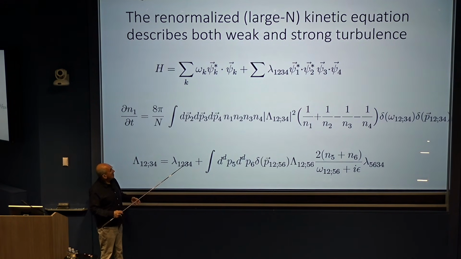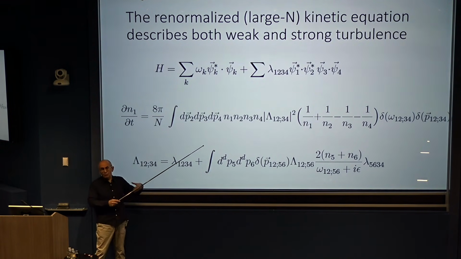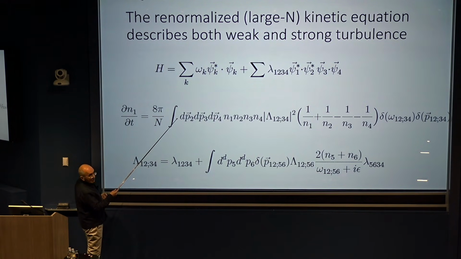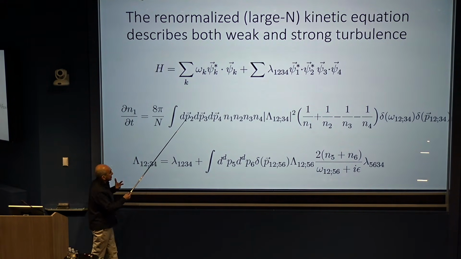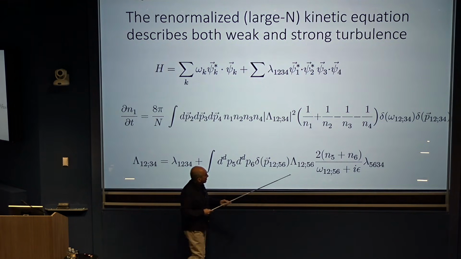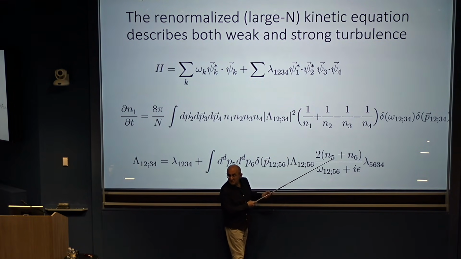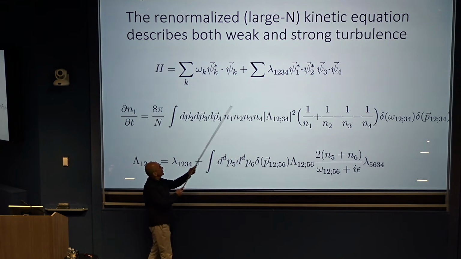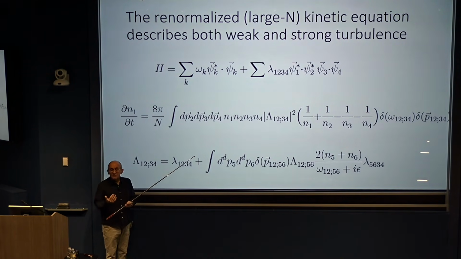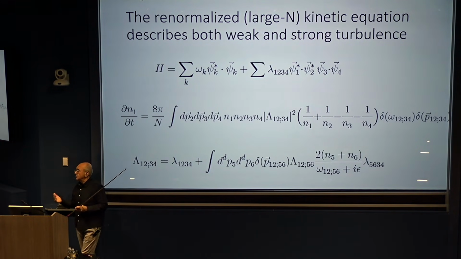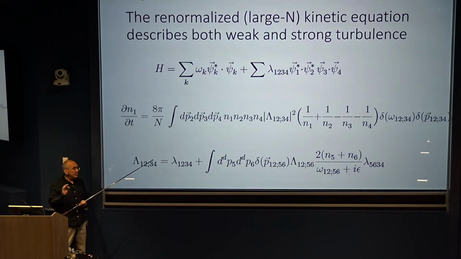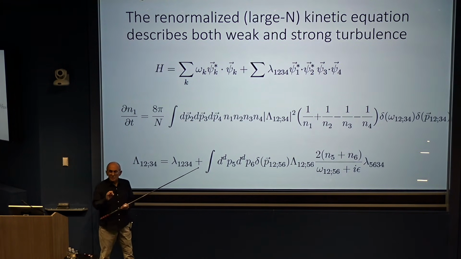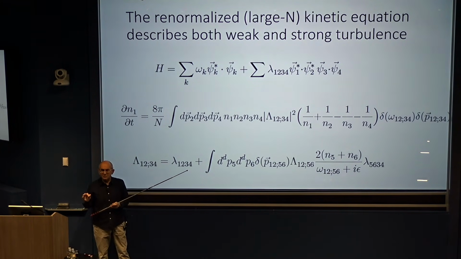So this is now a new equation, namely you have two integral equations. In a sense, what you do, let's say numerically, is iterate this, you obtain n, you plug it here, because n is here, right? So the solution of this equation depends on n, and n depends on the solution of this equation. But it's a closed system of equations on a single quantity, the occupation numbers. And in principle, it works in the limit of strong turbulence and weak turbulence.